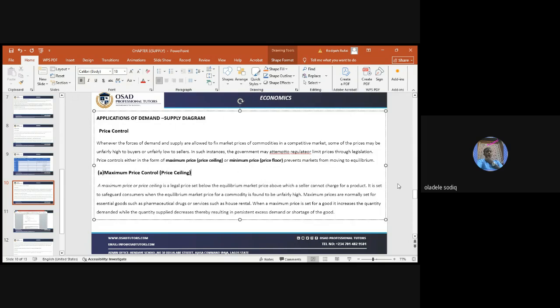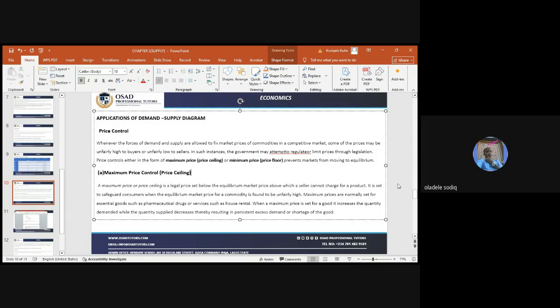So maximum prices are normally set for essential goods, such as what? Pharmaceutical drugs or services such as house rental. When the maximum price is set for a good, it increases the quantity demanded, while the quantity supplied decreases, thereby resulting in what? Excess demand or shortage.